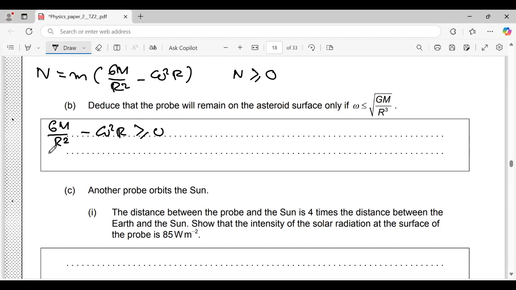Or we can write that omega squared R is less than or equal to GM over R squared.